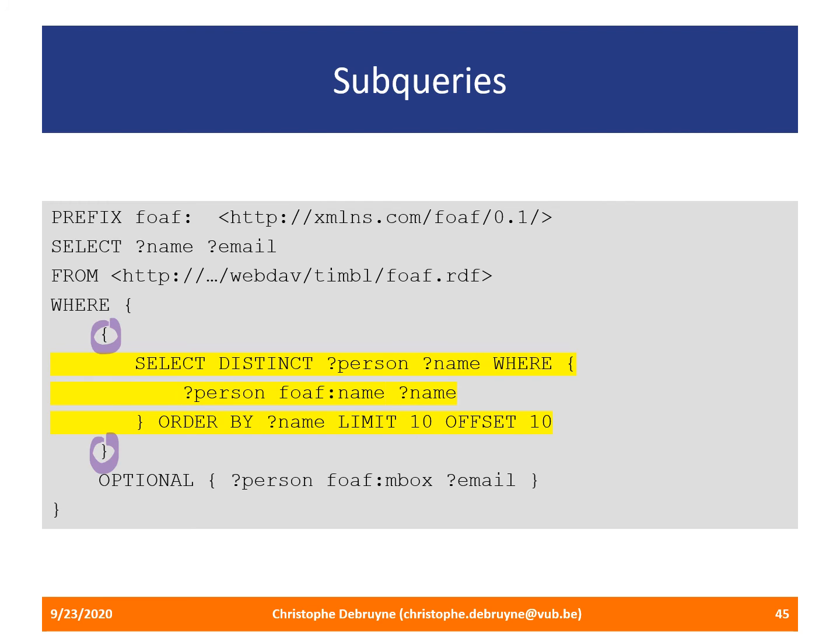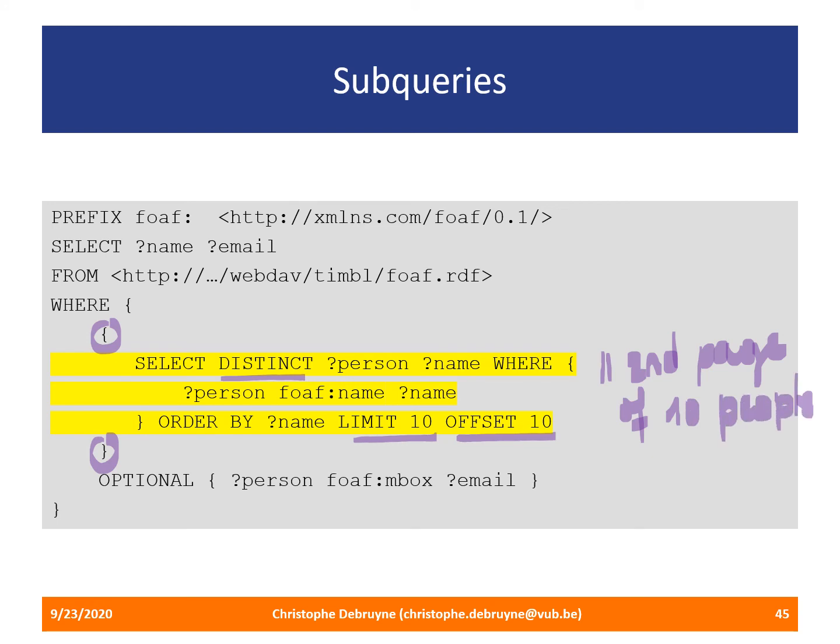Here we look for distinct people and their names, so we look for people and their names, and they have to be distinct. We order by their name, we limit to 10 results, and we have an offset of 10. So in other words, here we are looking for the second page of 10 people and their names.